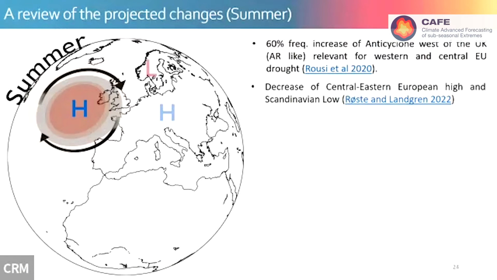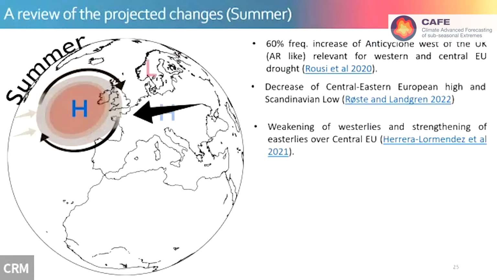Another conclusion is a weakening of things like the Central European Eastern high pressure system and the Scandinavian low, which would lead to an increase in easterlies over continental Europe and a weakening of the westerlies. And we saw before that westerlies are mainly responsible for bringing humidity to Europe.